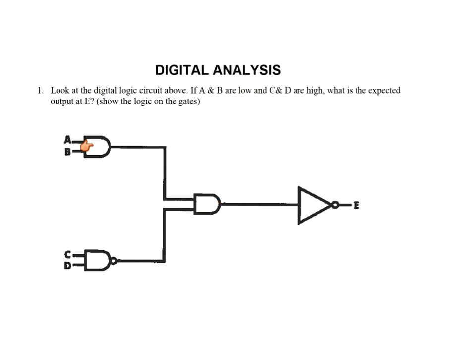This is an AND and this is an AND. All right, if A and B are low, and this is an AND gate, what's the output of this going to be? Well, you have to have both of these high to get a 1 out, so I'm going to get a 0 out of this. I'm going to put a 0 into this, and nothing can be coming out of this except a 0 because it's an AND gate.